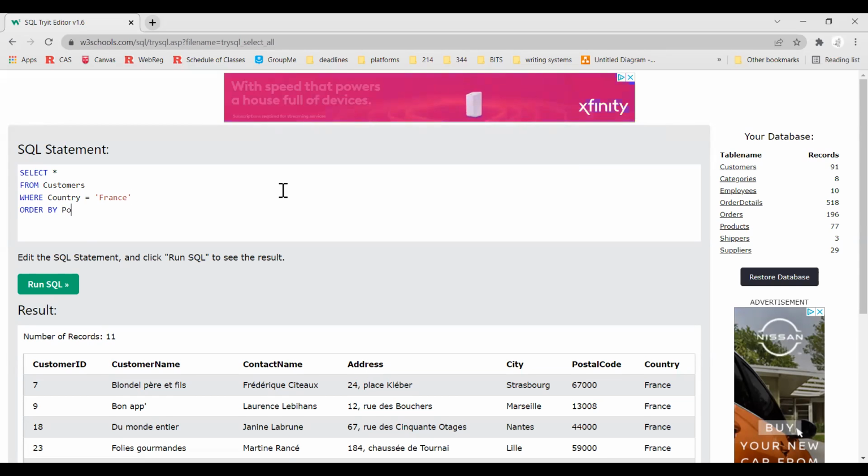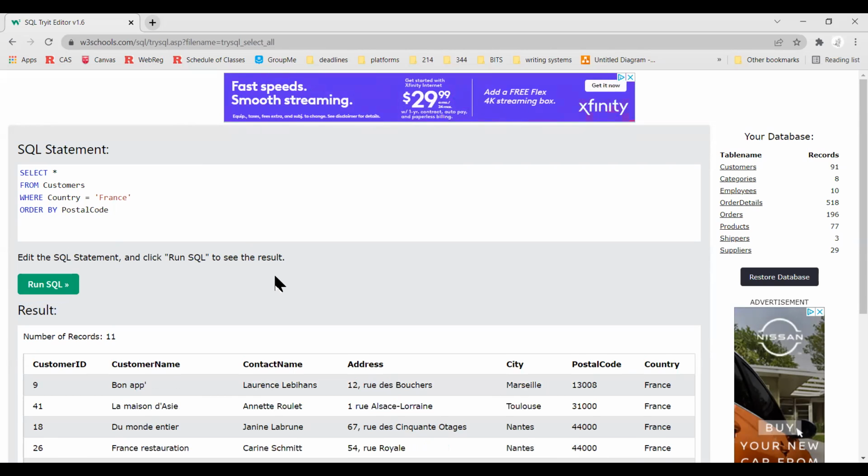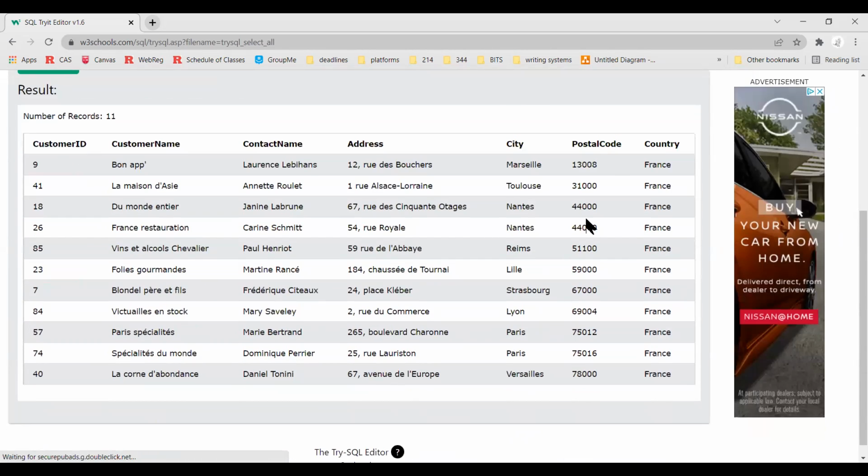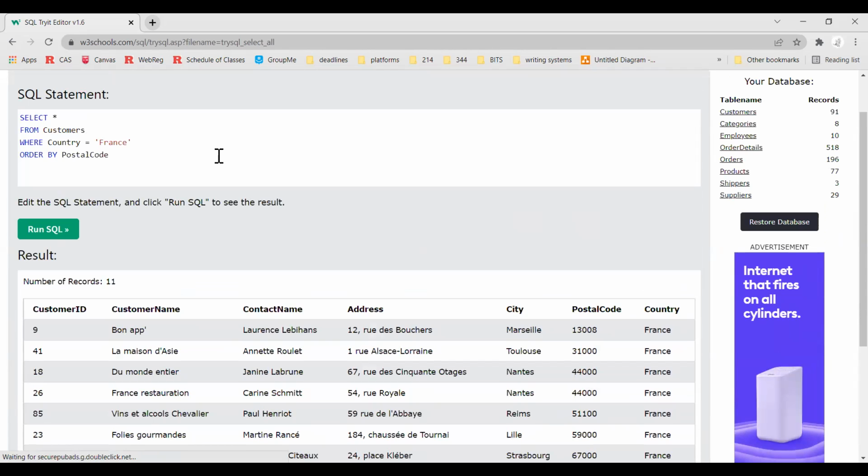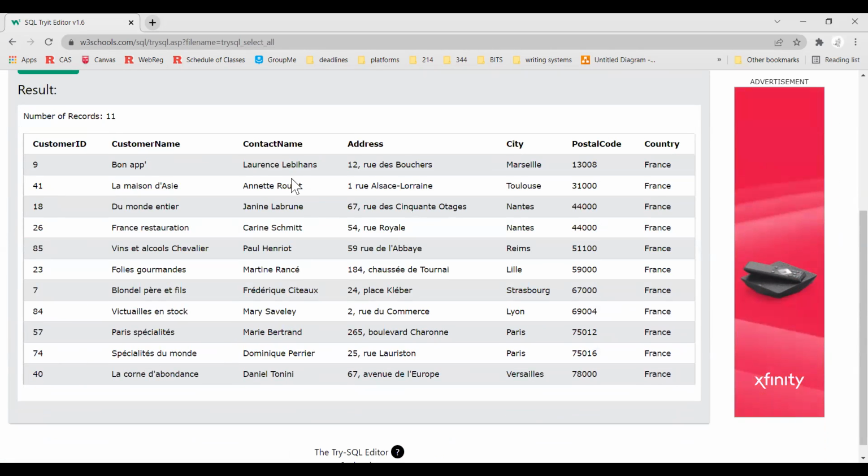So order by postal code. And we'll just run it like this first. So as you can see, these are ascending values. Although it's automatically ascending, if you want, you can also add the ascending keyword there, just to remind yourself maybe.